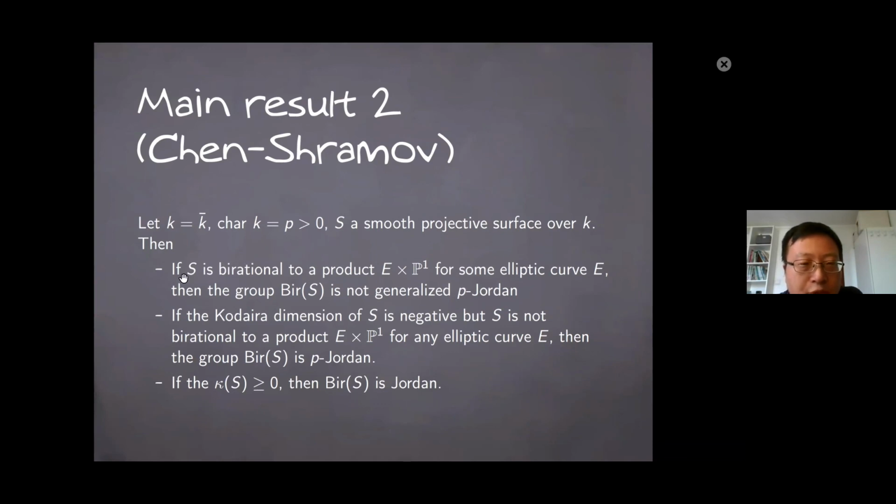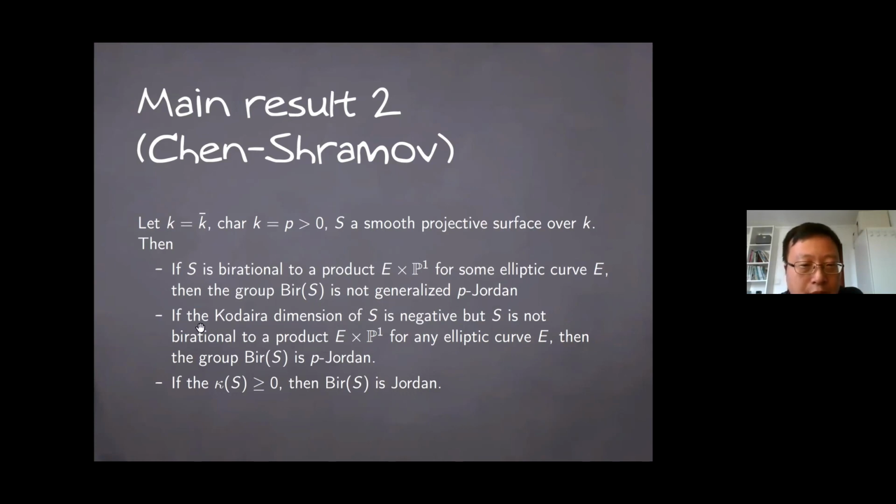Okay, so we can prove similarly to Popov's result. If S is birational to a product of an elliptic curve times P1, then this birational automorphism group is not generalized P Jordan. That's the not so good case.